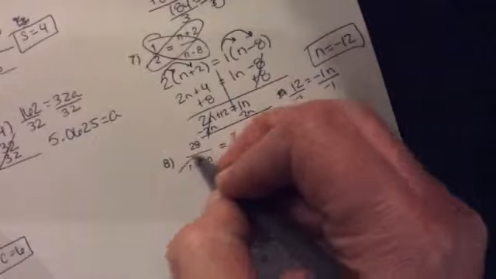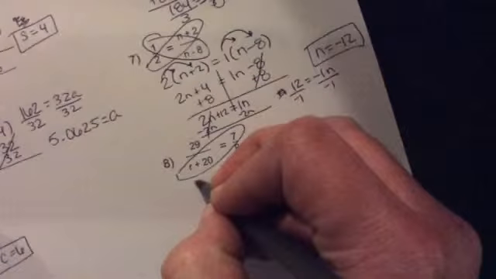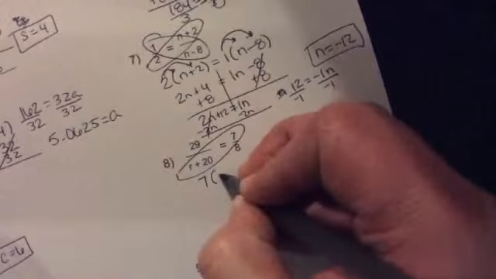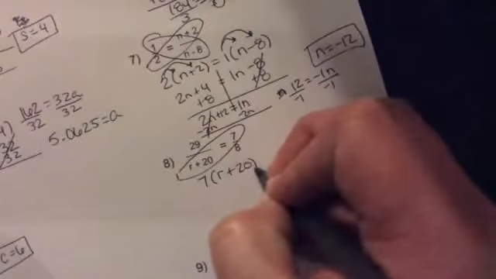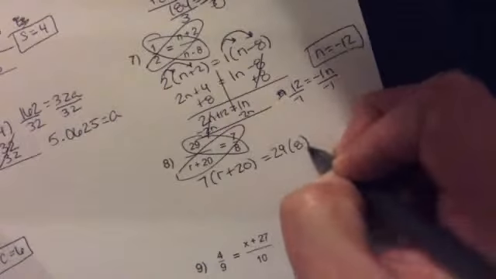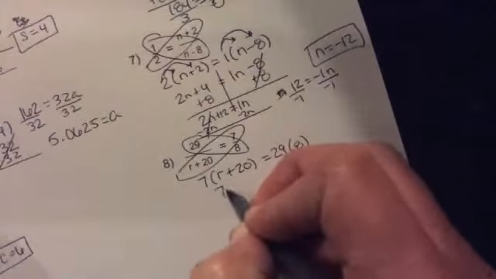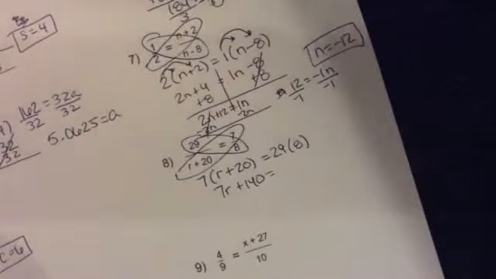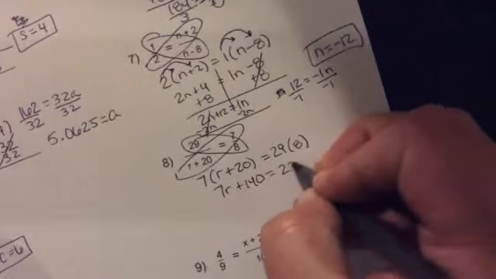Number 8. I'm going to multiply here. Keep in mind I'm going to put my number before the quantity there. So 7 times the quantity (r plus 20) equals 29 times 8. 7 times r is 7r. 7 times 20 is 140. Let's figure out what 29 times 8 is. 232.